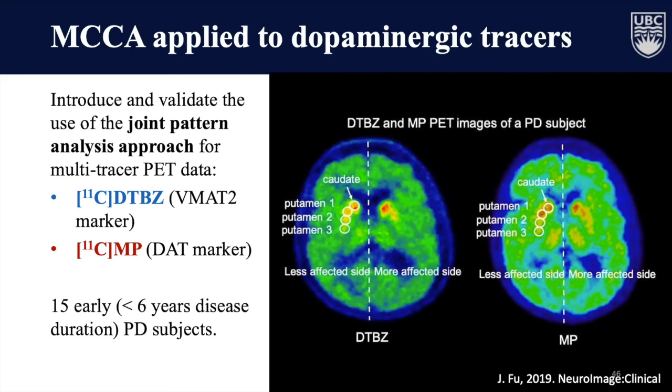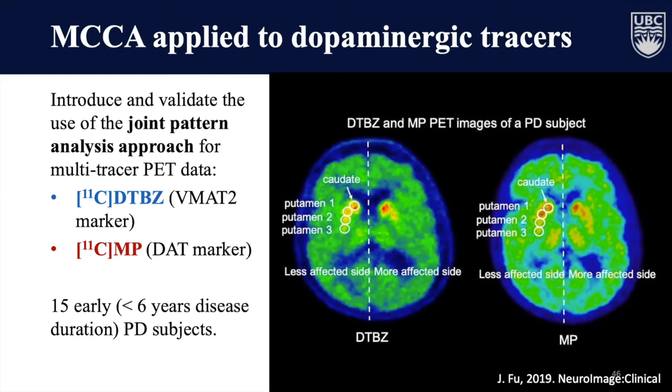So one reflects the availability or the integrity in terms of the availability of the vesicles to fuse and release, and the other is a mechanism that reuptakes or reduces the impact. Yes, thanks.